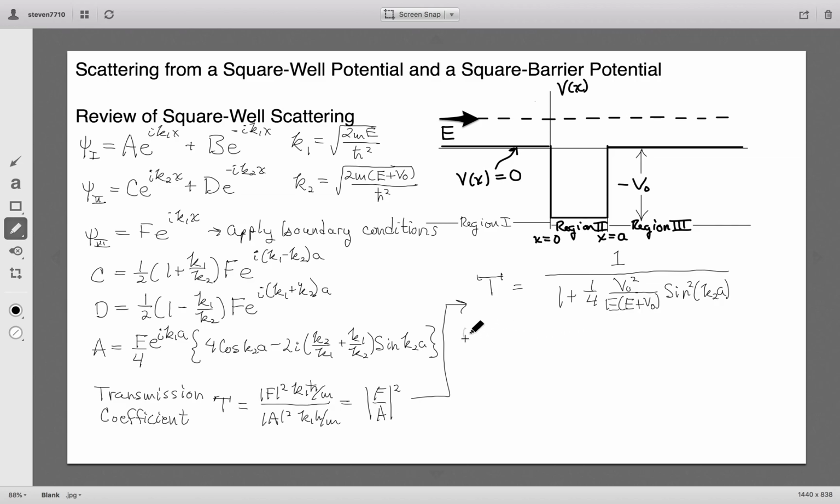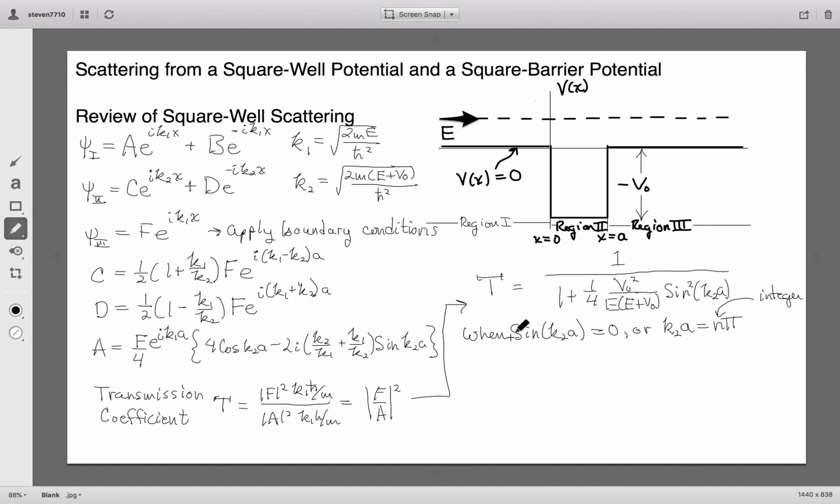So when sine of k2 a equals 0, or k2 a is an integer multiple of pi, n is an integer, well, then we can actually find the energy.